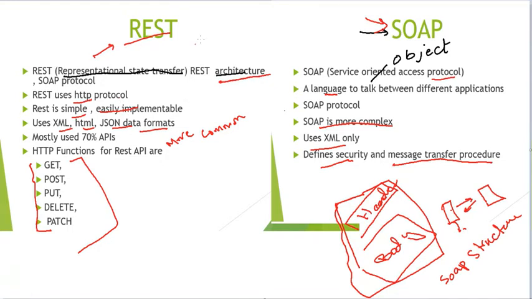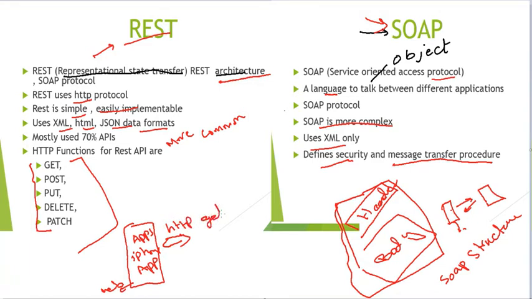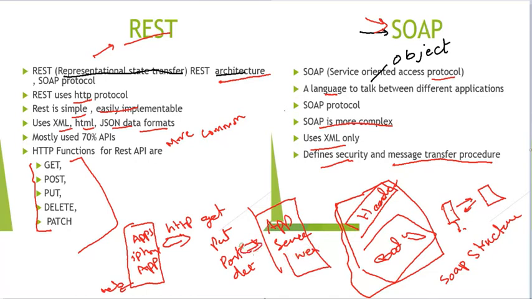For example, you can have your clients, which can be Android apps, iPhone apps, web browsers, anything, and they are going to use the HTTP protocol, with all these functions like get, put, post, or delete, to communicate with another application server or web server. So this whole thing is a kind of an architecture.